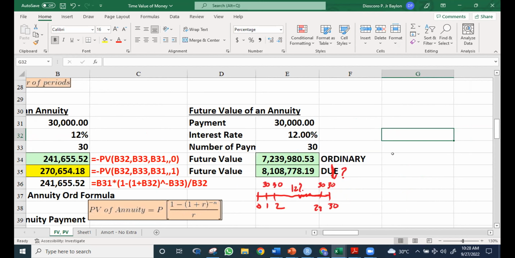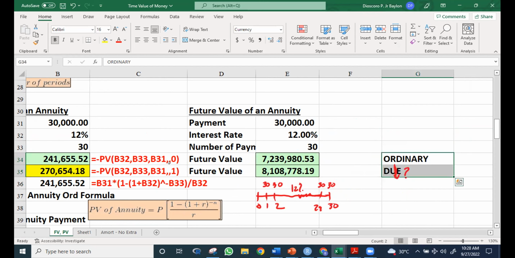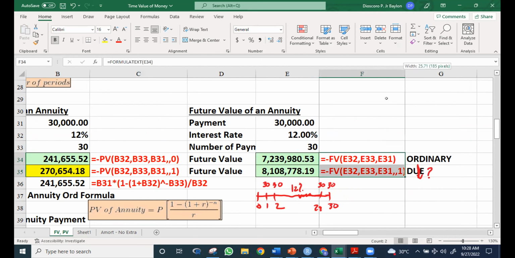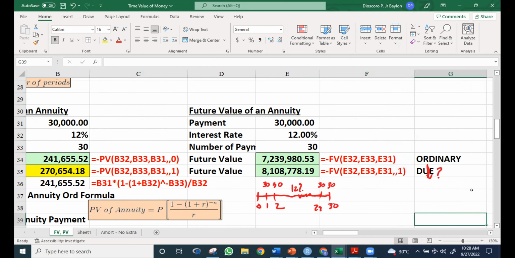Let me flush this, flushing the formula for your reference. So this is ordinary annuity, and this is annuity due.